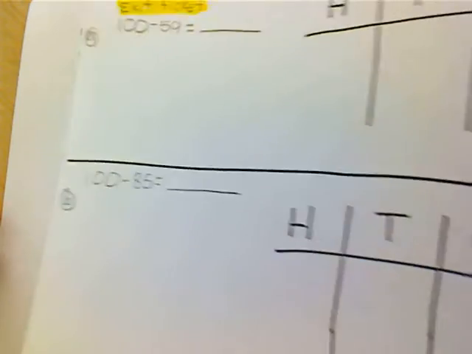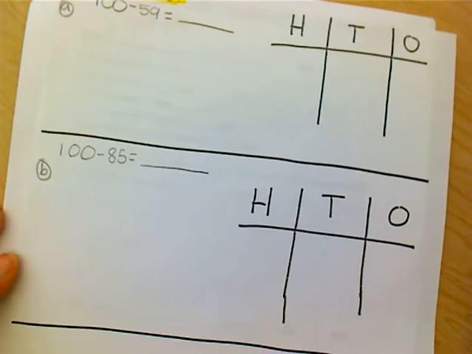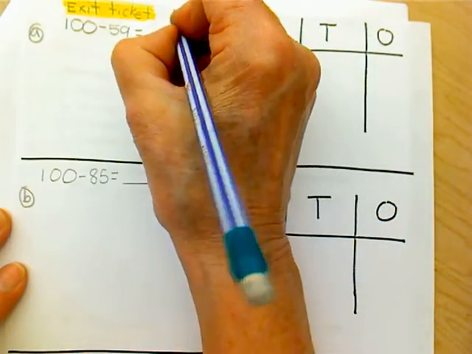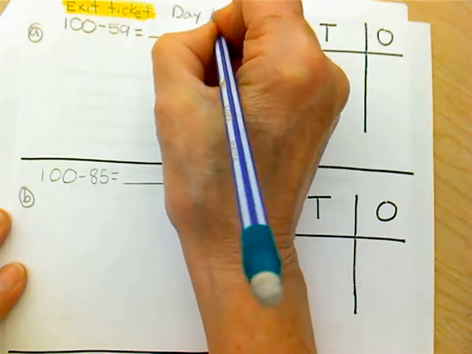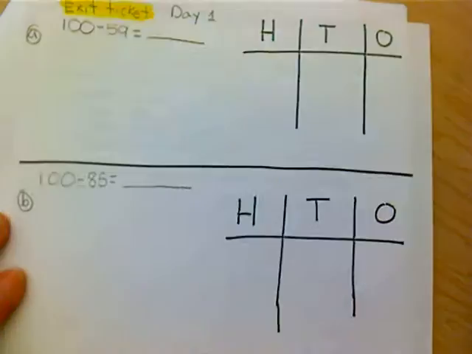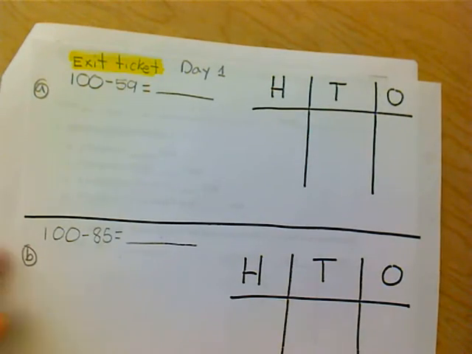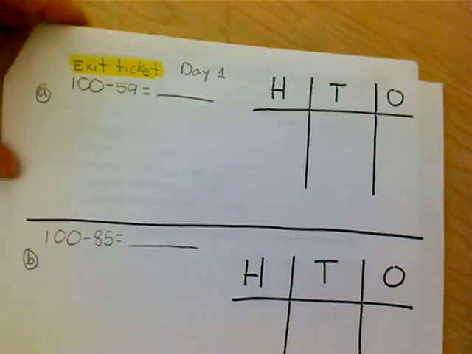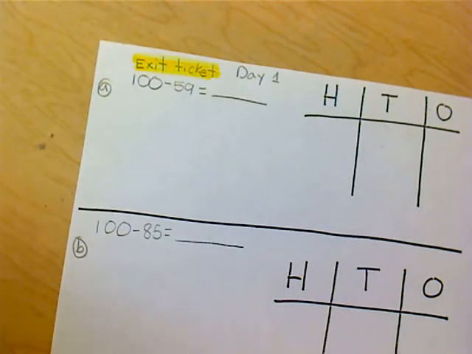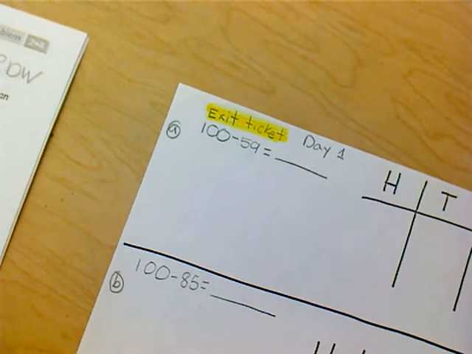All right, so that's the assignment for today, for day 1. This is the exit ticket for day 1. And you are going to need to pause the video and then come back and we will go over these pages with you. All right, so pause the video.